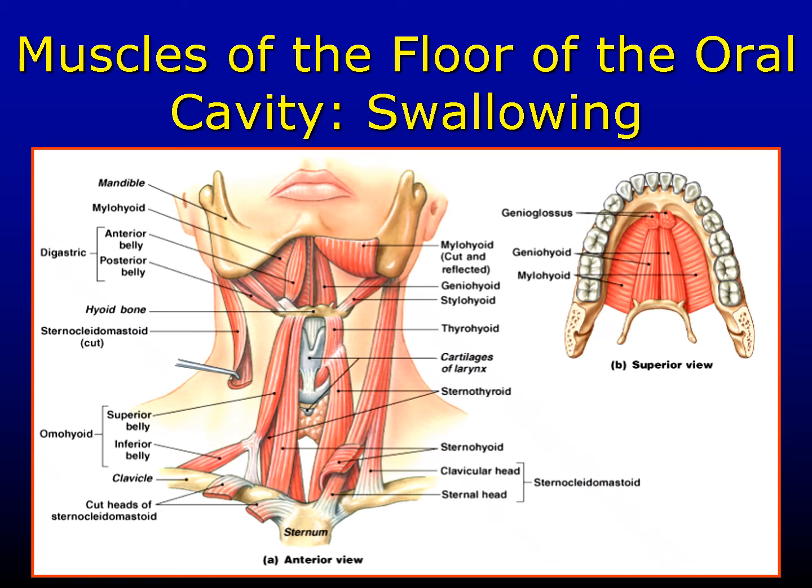With your larynx in the raised position, you cannot breathe because the air passageway is blocked off. The infrahyoid muscles function to lower your larynx back down after the bolus has passed into the esophagus so that you can resume breathing again. The infrahyoid muscles include the sternohyoid, sternothyroid, omohyoid, and thyrohyoid, and are innervated by cervical nerves 1 to 3.